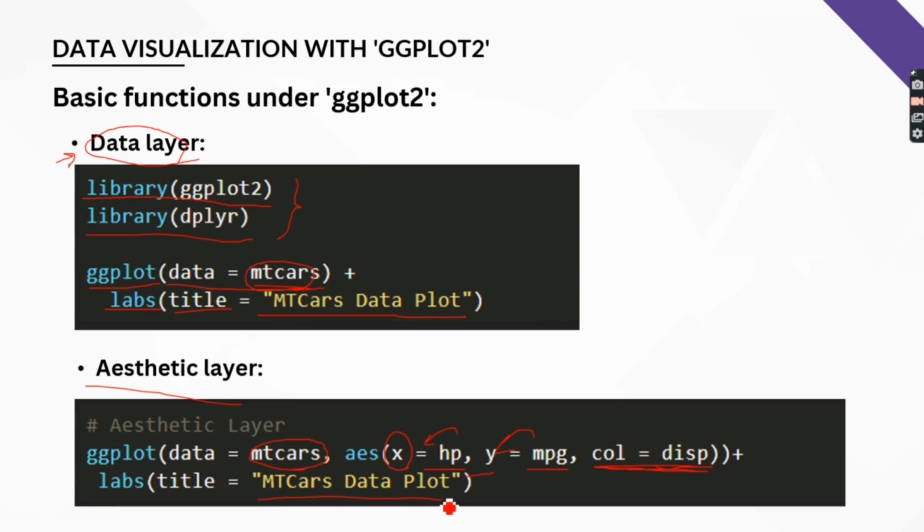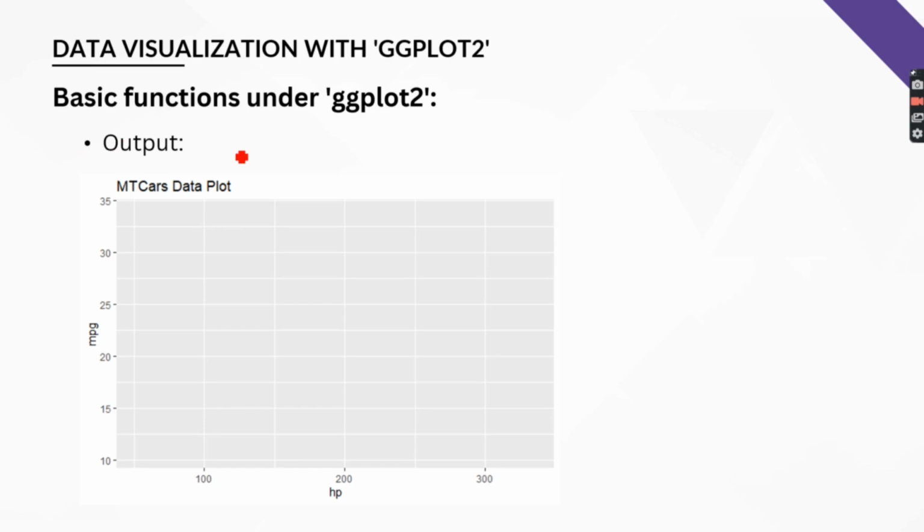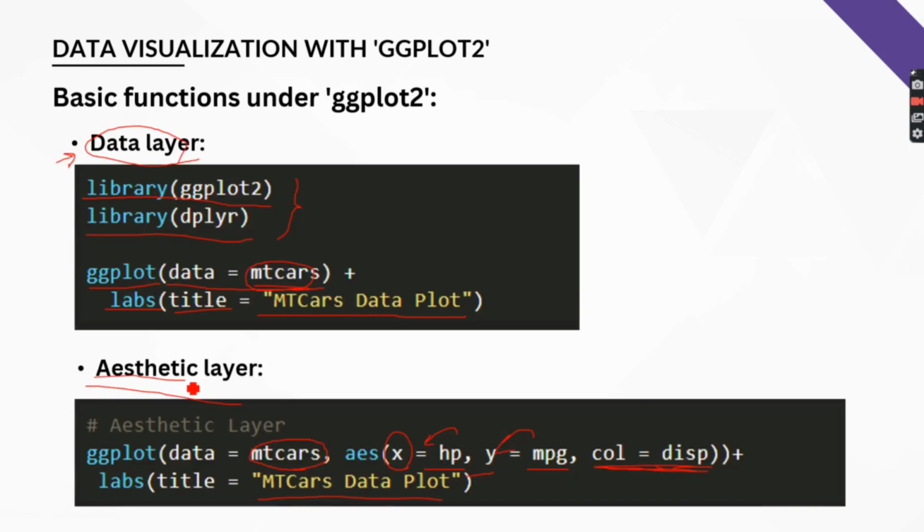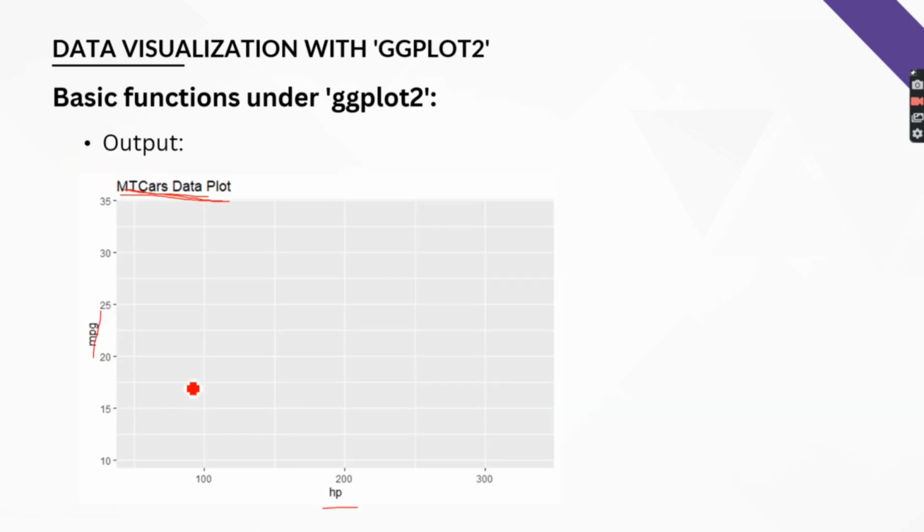Let's see how this is going to look. This is the output. So this is the title that we just gave, mtcars data plot. We have MPG in the y coordinate. We have HP in the x coordinate, and this is our plot. That is how we define the aesthetic layer. But this is not a graph or plot yet.